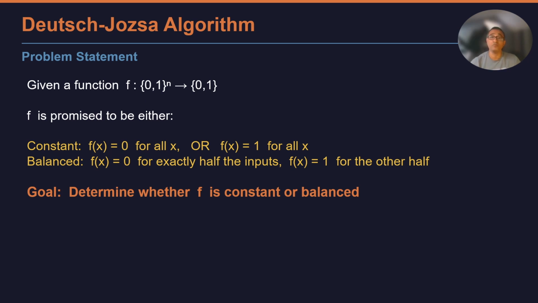But while performing the steps, you have to see how many steps you are performing to finally conclude that the function is either constant or balanced. So this is the whole problem statement, and the goal is to determine the nature of this given function.